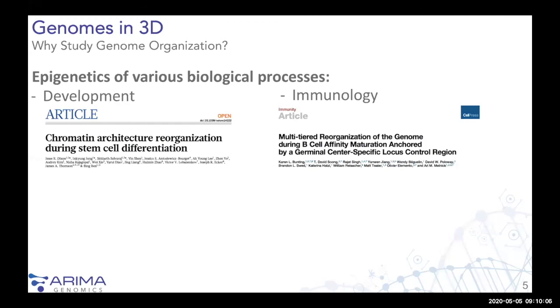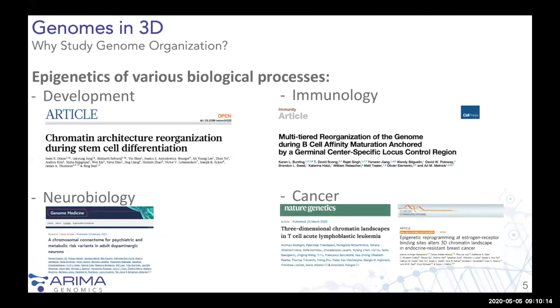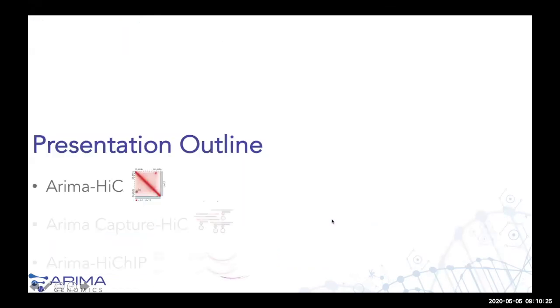In the context of immunology by one of the speakers here today. In the context of neurobiology from the Akbarian lab at Mount Sinai, and then also in the context of cancer, which we'll hear more about today. And here's a couple studies also from our speakers today, and I think we'll probably hear more about these later on.